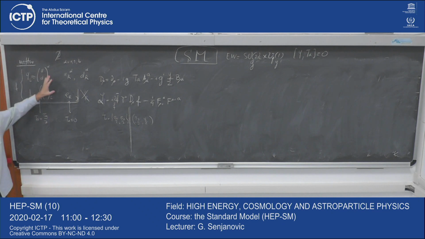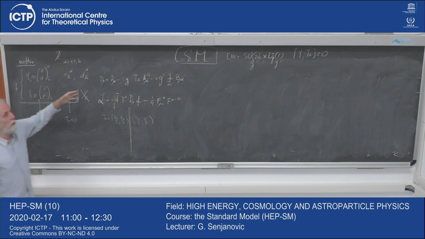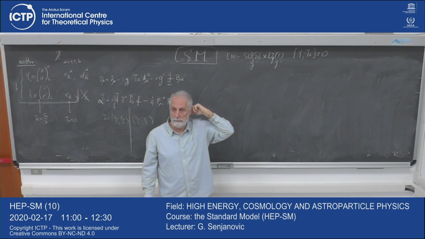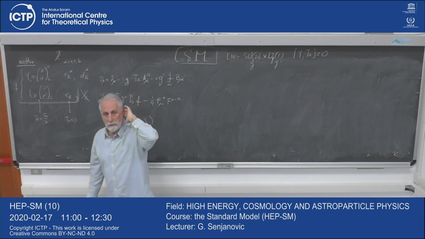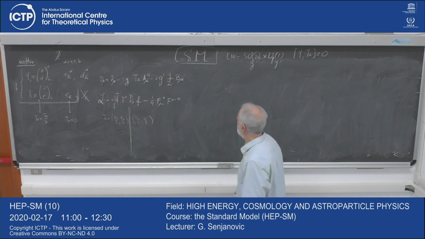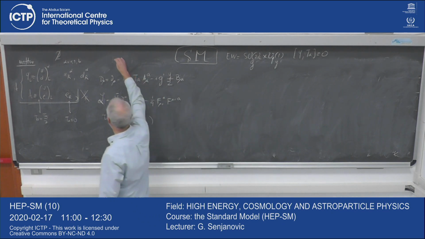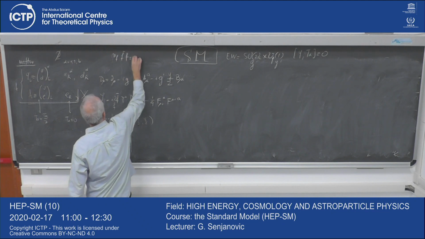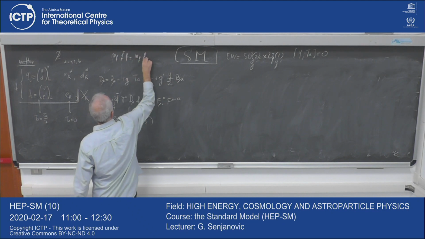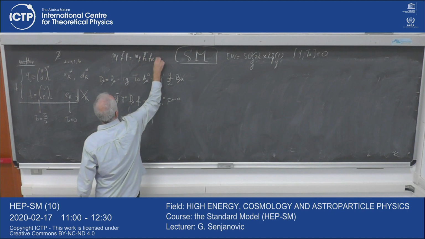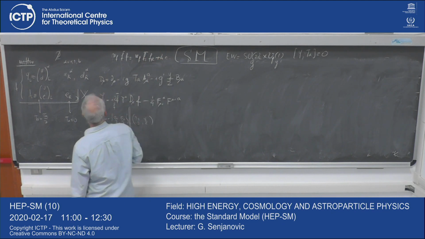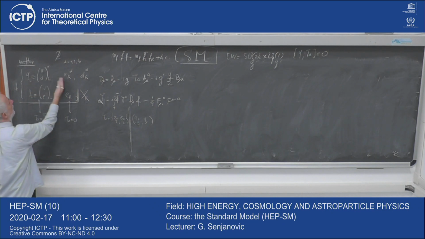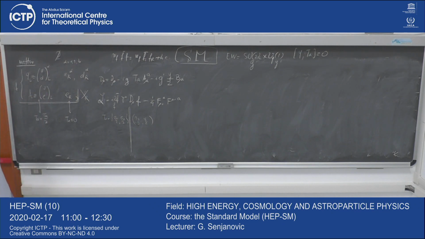Because the mass term is not allowed. We are following the prescription of a symmetry. We are trying to see how far it takes us. Since the symmetry is postulated, we remember that the fermionic mass term, F bar F, breaks the symmetry between left and right, and therefore this can never be an invariant.